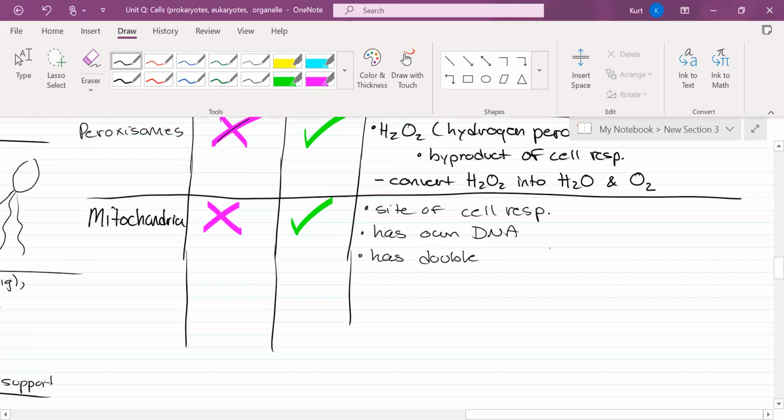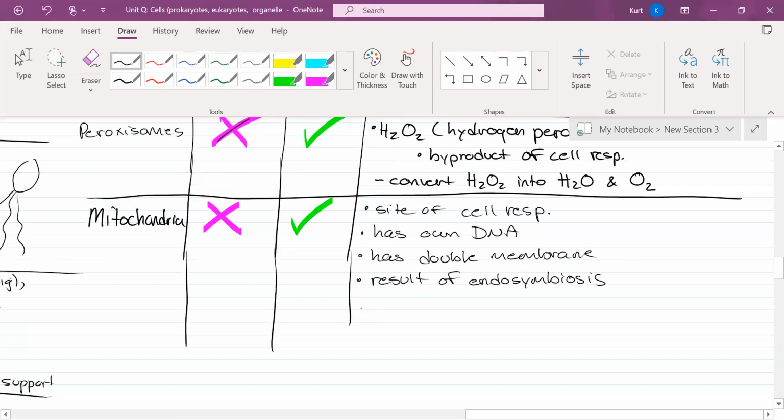And what is that idea, that theory that describes the origin of the mitochondria? Do you recall what that is? Endosymbiosis. That's right. This is the result of endosymbiosis, where bigger cells absorb smaller cells, and they became one.